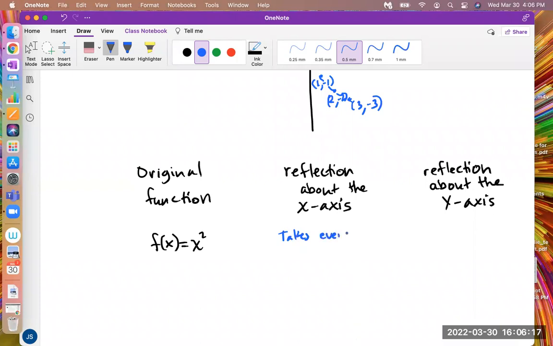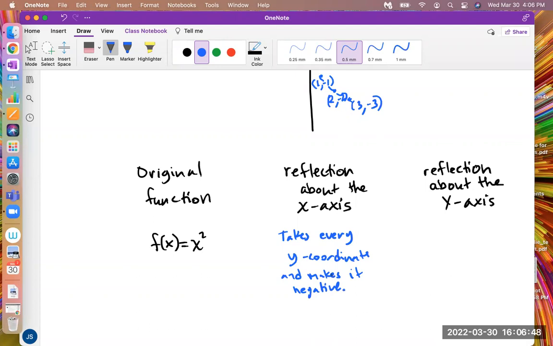Let me write that out. If I take every y coordinate of my graph and make every original y coordinate opposite in sign, what I mean is opposite in sign. If it was negative, you make it positive. If it was positive, you make it negative, right?